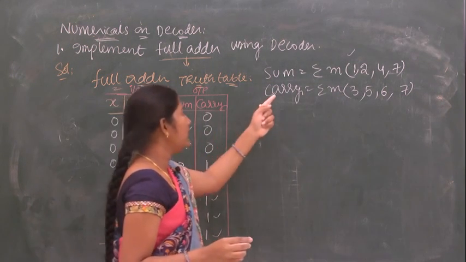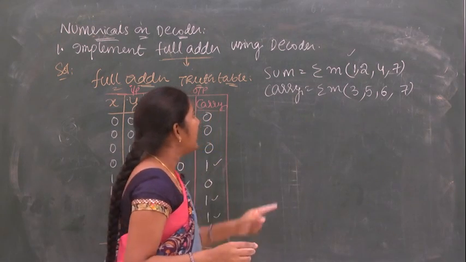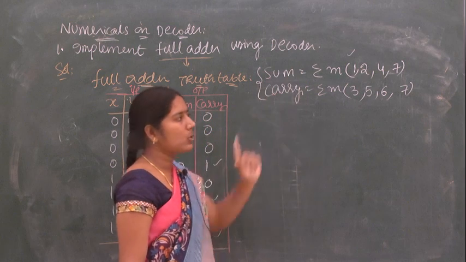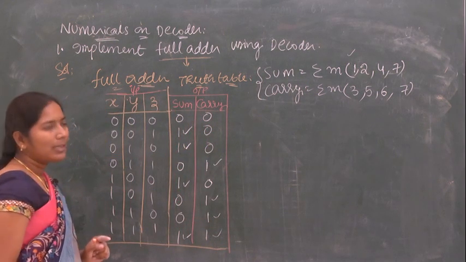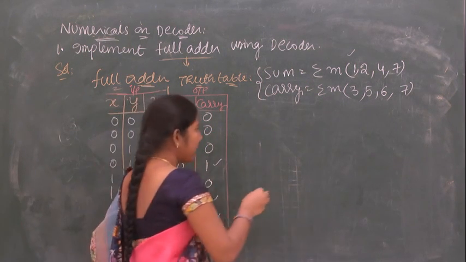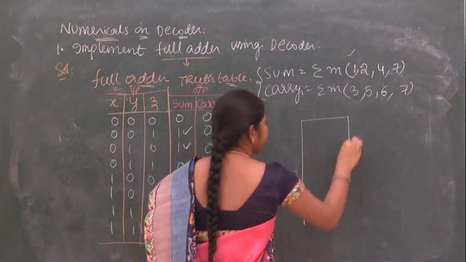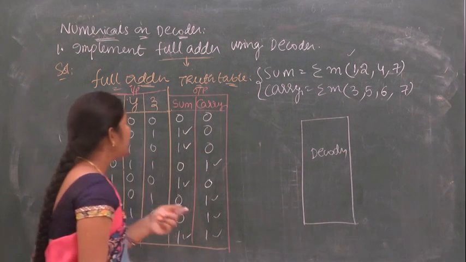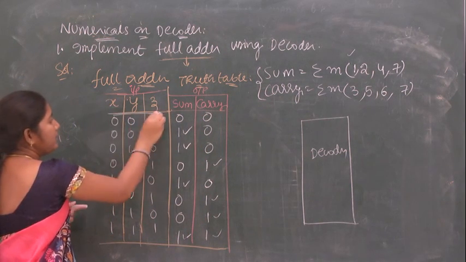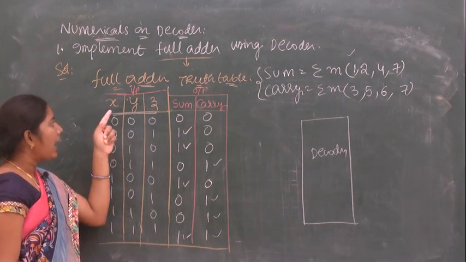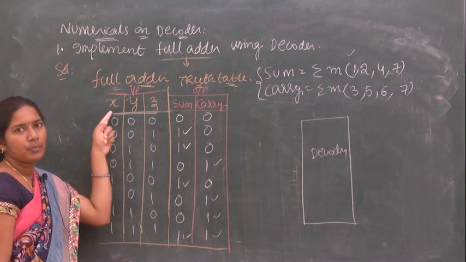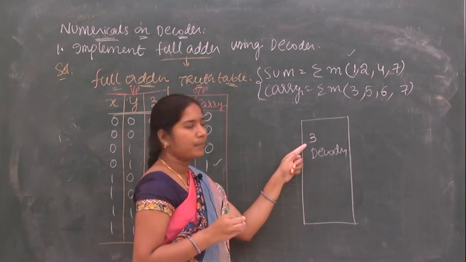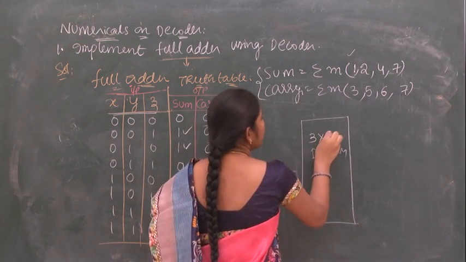Till now we have written only the expressions for sum and carry. Now, we need to implement these two using a decoder. What type of decoder do we require? That is the first thing. That always depends on the number of inputs we are considering. As we have 3 inputs, we consider a decoder with 3 inputs, so the possible outputs are 8.